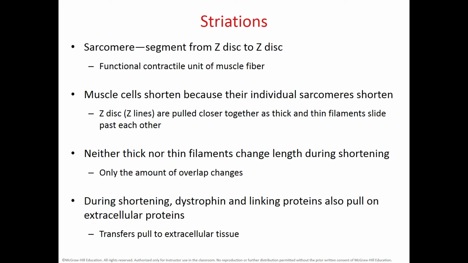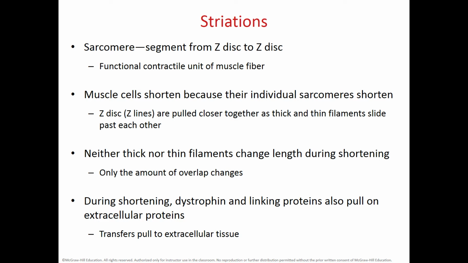So the sarcomere is the functional and structural unit of the muscle, so it is the contractile unit of the muscle that runs between 2 adjacent Z discs. And then when the muscle fibers contract or shorten, the Z lines become closer to each other, so the sarcomeres will shorten.